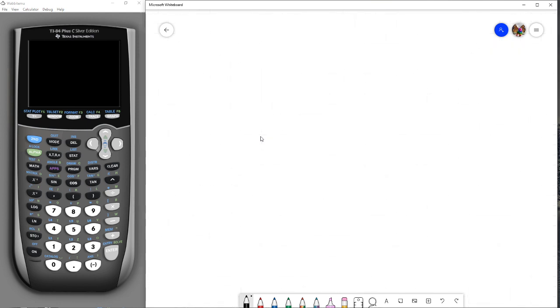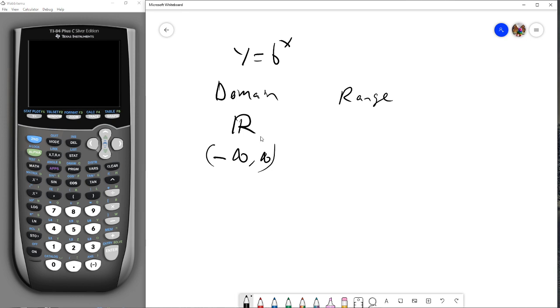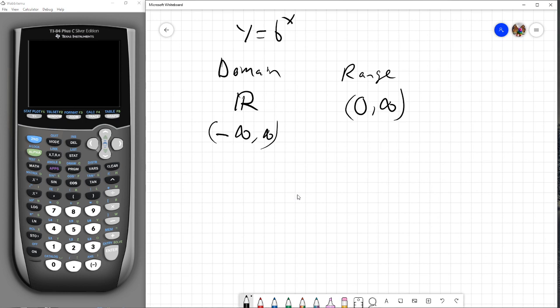When we think about an exponential function, y equals b to the x, it has a domain of all real numbers. We can express it a couple different ways. We can use this fancy R for all real numbers. The range, however, is going to be from 0 to infinity, but we don't include 0 because, as we'll see in the graph in a moment, the line y equals 0 is an asymptote.